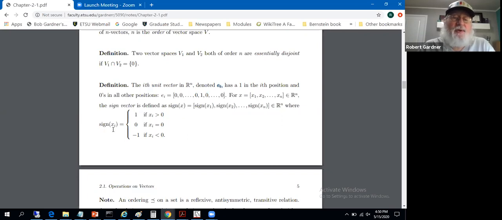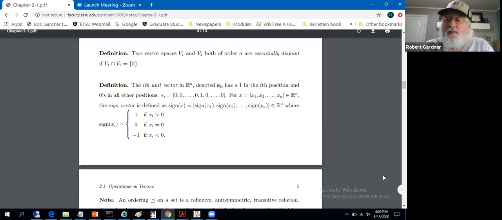This sign of a real number, it's 1 if the number is positive, it's -1 if the number is negative, and it's 0 if the number is 0. So this allows you, in some sense, to encode the sign of the components of this vector in a vector, getting out 0 for 0 components, 1 for positive components, and -1 for negative components.